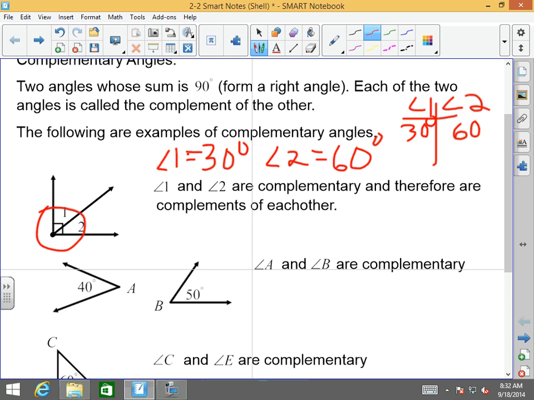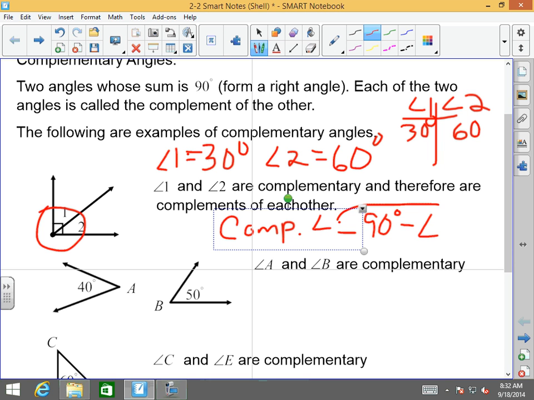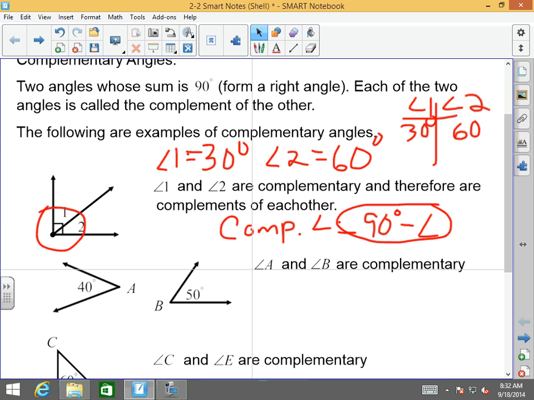So the complement of an angle will always be 90 degrees minus that angle. That make sense, y'all? All right, good stuff.